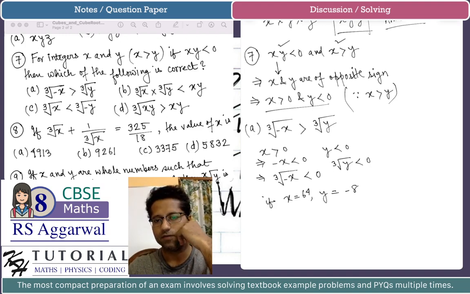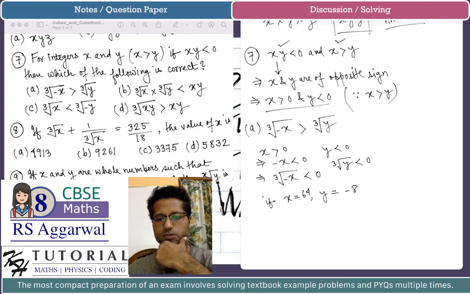We are trying to find some values of x and y that will contradict the relation, that contradict the choice A. Choice A is saying that cube root of minus x will be greater than cube root of y. So we are trying to verify whether this is correct or not. We are trying to find some values of x and y that will contradict this relation.